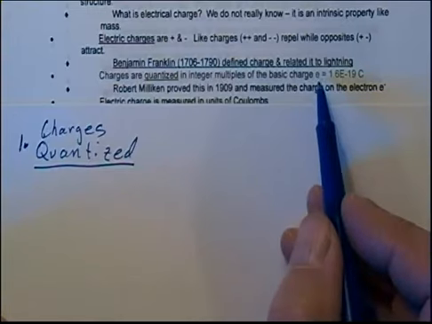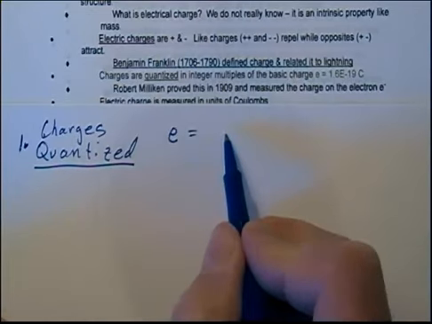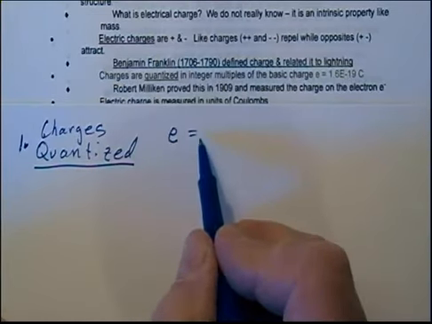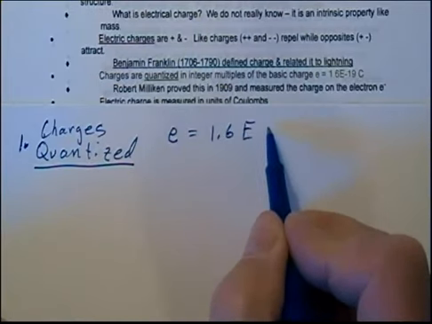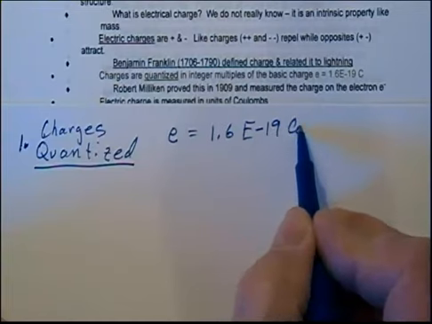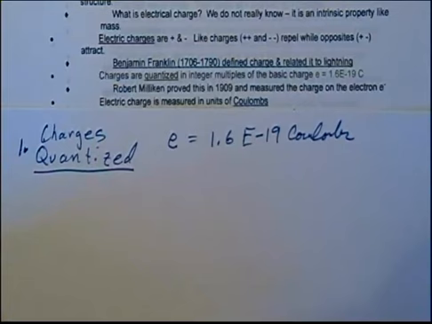And this is the charge on the electron, or the basic charge. The basic charge is often called e, as a symbol for the electron, and it's approximately 1.6 times 10 to the minus 19th coulombs, where the coulomb is the unit of electrical charge.